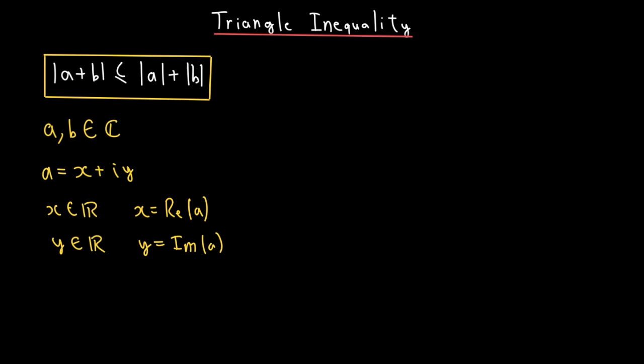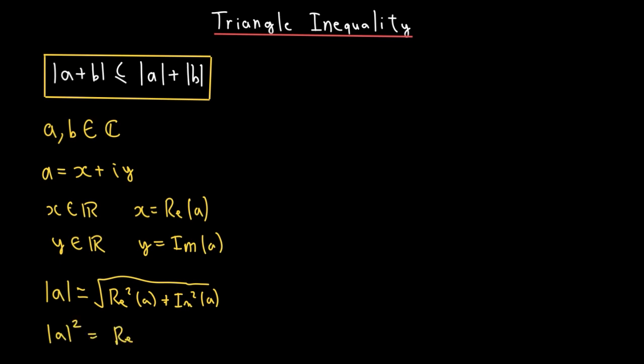Furthermore, i is the imaginary number, and one thing to note is that the modulus of a is the square root of the real part of a squared plus the imaginary part of a squared. And therefore, the square of the modulus of a is the square of the real part plus the square of the imaginary part.